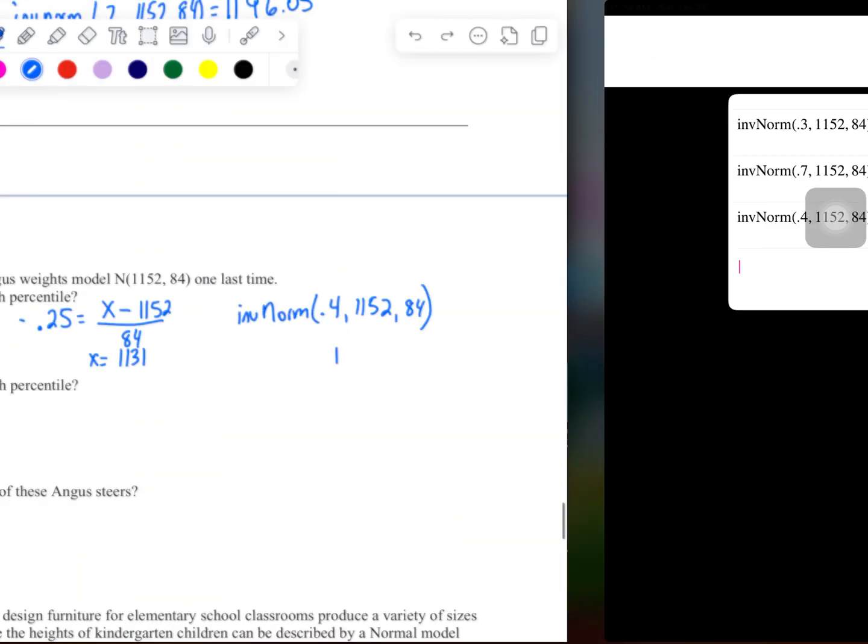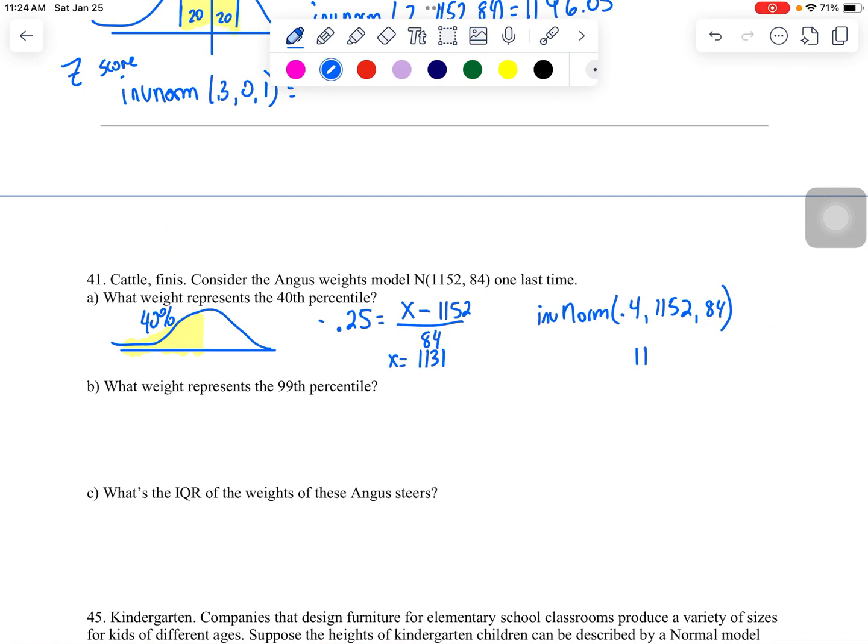All right, the 99th percentile, so the uber heavy cattle, the uber heavy steer. So usually if we were taking the AP exam, we would be drawing a picture on every single one. Obviously, I can't tell you to do that. However, I just would encourage you to draw a picture. We want 99%.